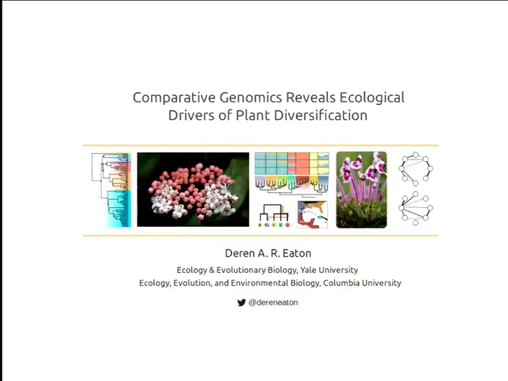And then he went on to a postdoc with Mike Donahue at Yale before beginning his current position. Deren's a botanist. He's worked quite a bit throughout China, and as well as more recently southern Mexico. And he'll tell you all about the biology today.